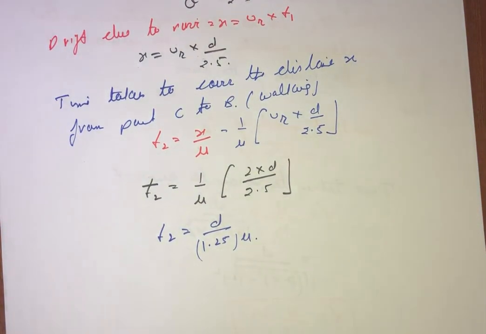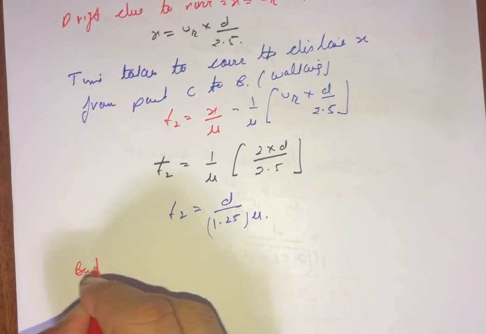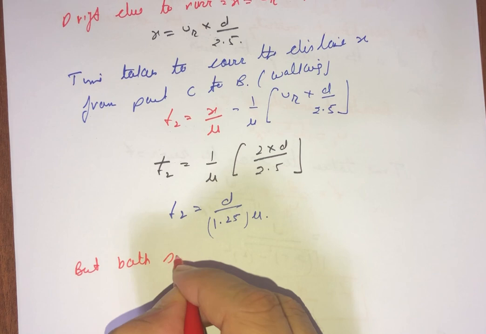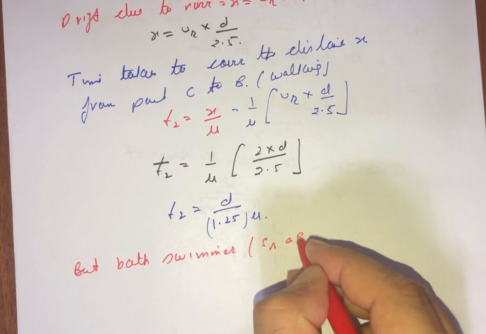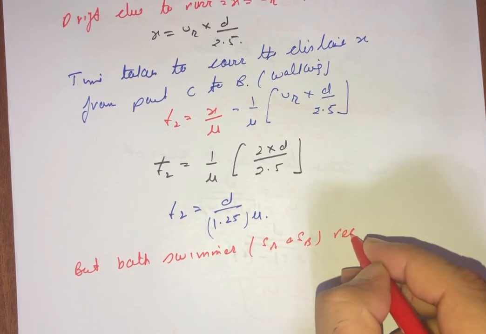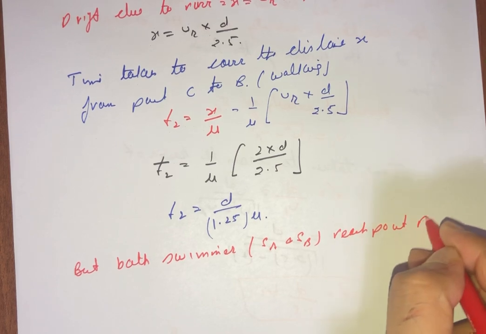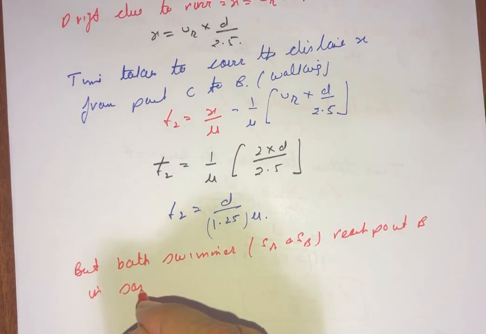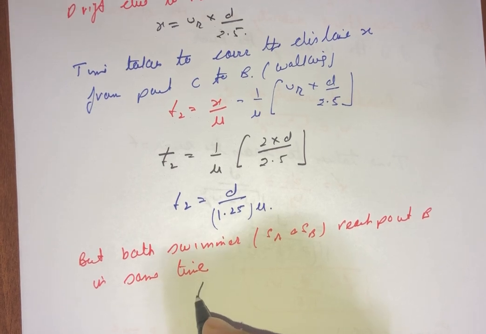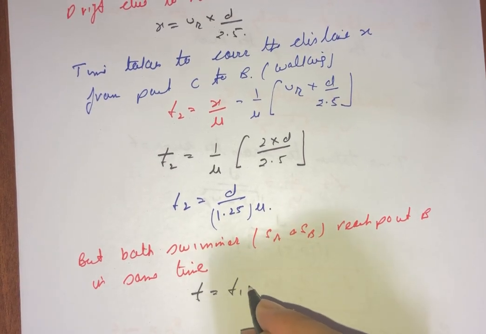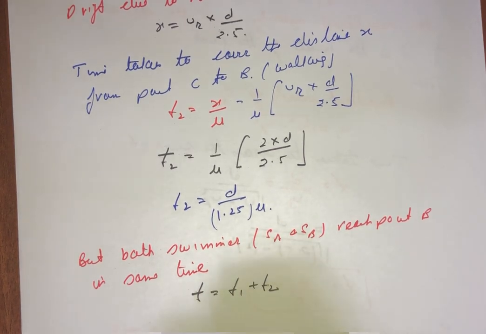But in the question it is given that both the swimmers reach point B in the same time. Okay, both means swimmer A and swimmer B reach point B in the same time. So basically it means that the time taken by swimmer A, which is t, will be equal to the time taken by swimmer B, t1 plus t2.